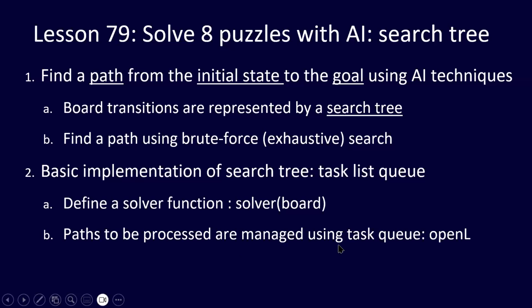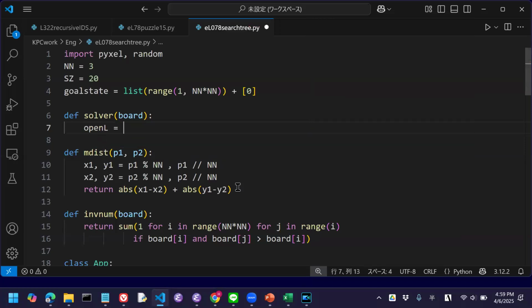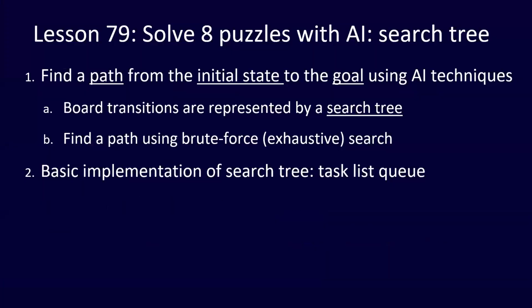So what's next? Paths to be processed are managed using a task queue, an open list. I will tell you more about the open list next time. But anyway, make a list OpenL. The initial open list just has the board. And this OpenL list should contain not only the states, but the path representing the transition of the moves.